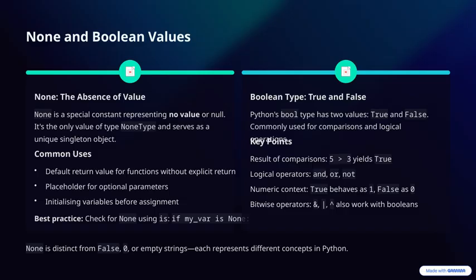A best practice when checking if a variable is None is to use the is keyword like this, if my_var is None. This ensures we're testing for the specific None value, not just a falsy value. Moving on to Booleans, Python's bool type only has two values, True and False. These are used extensively for comparisons and logical operations.